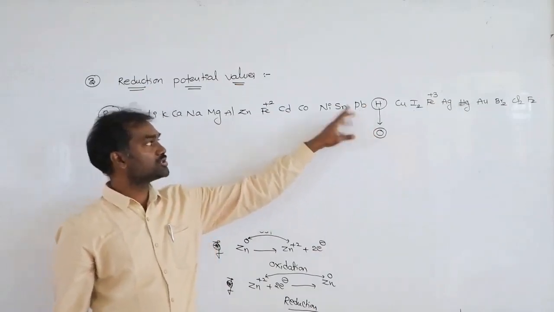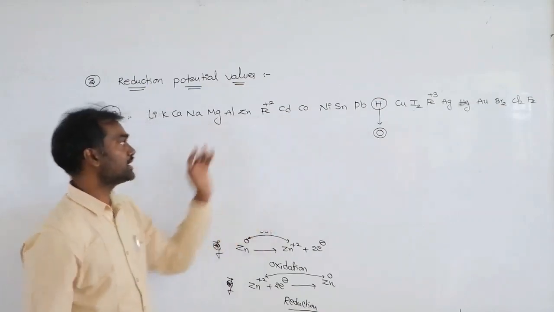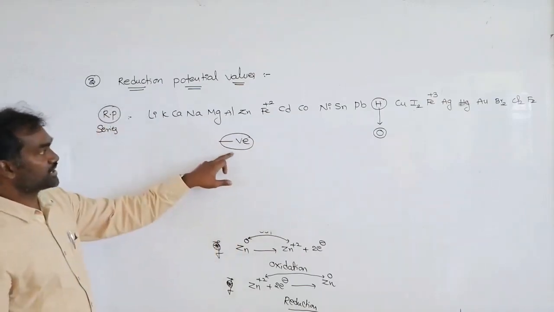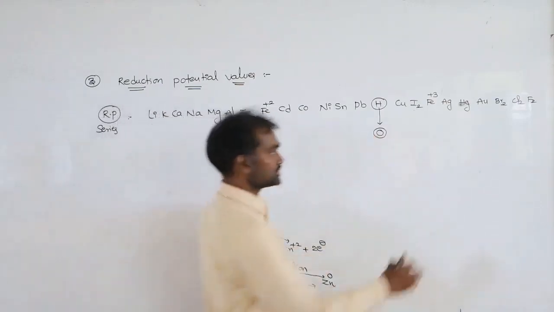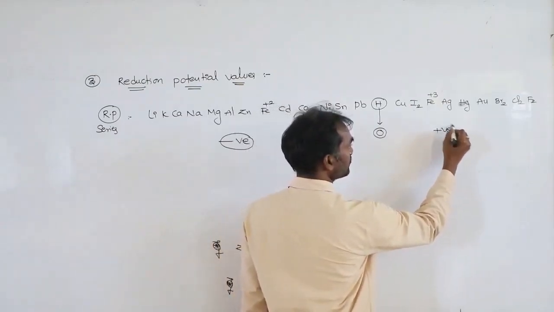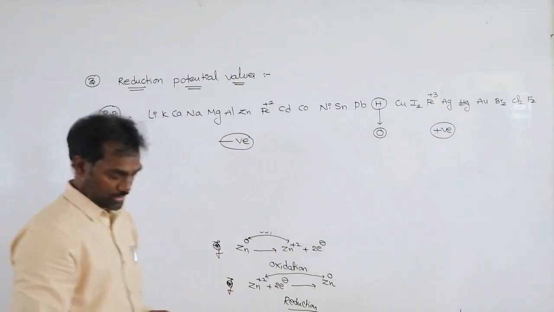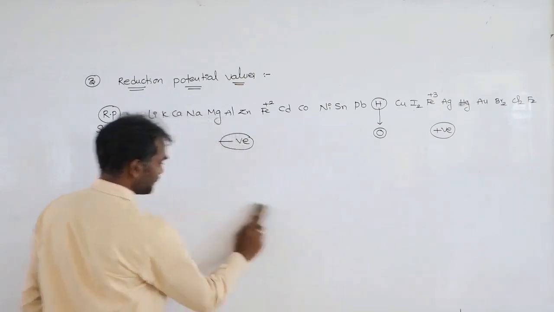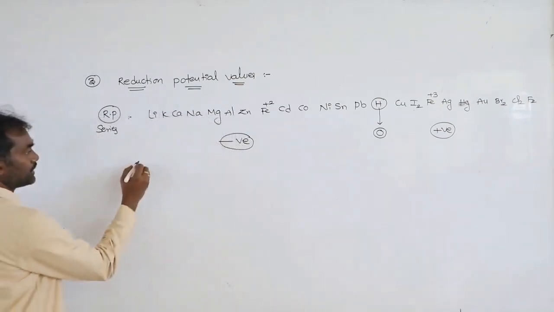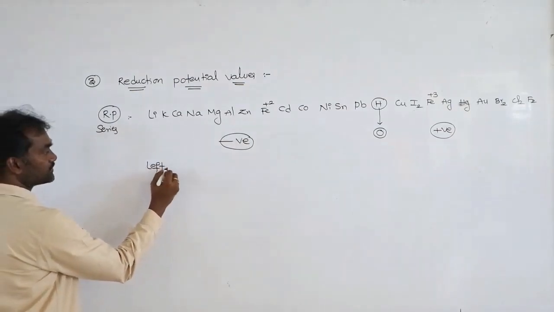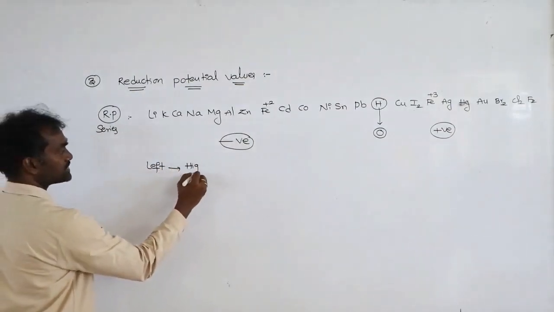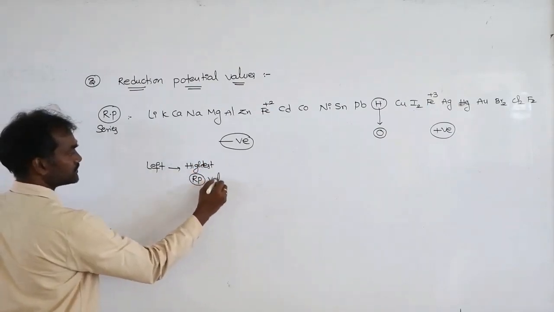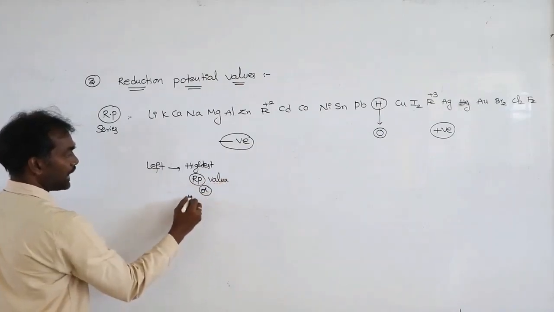Compared to hydrogen, which ones readily lose electrons? The ones on the left have negative reduction potential values. After hydrogen, the reduction potential values are positive. The left side has the highest reduction potential values, or high negative values.